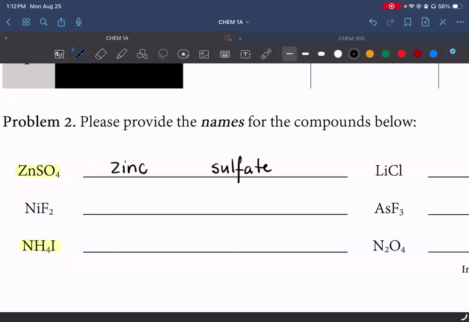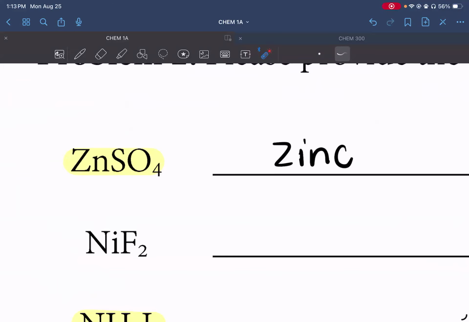Am I missing something? Yes. What am I missing? The Roman numerals to tell us the charge of the zinc. Remember, that blue block in the middle is variable. Unlike all the other groups, we cannot just look at it and tell. So we have to look at the formula.